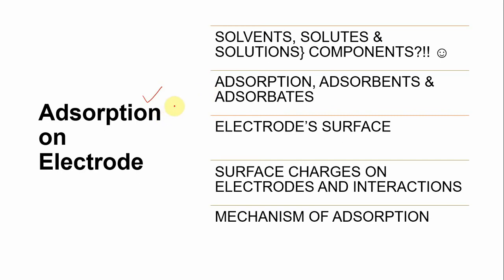Then adsorption consists of adsorbents and adsorbates. The adsorbent is the one on which the adsorption is taking place, that is the surface on which the adsorption process will take place, and the adsorbate is the one which is getting adsorbed.